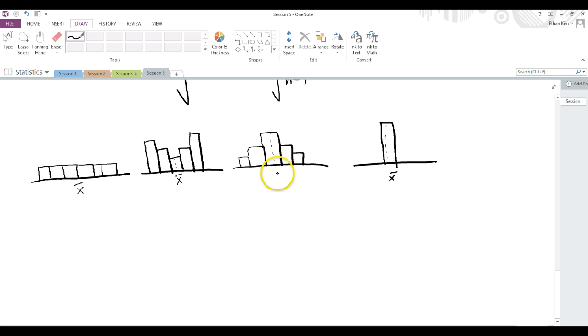Okay, so I drew some examples for us to go over this. Say that these 4 graphs here, histograms, have the same center, meaning they have the same x bar. And obviously the graphs look very, very different.